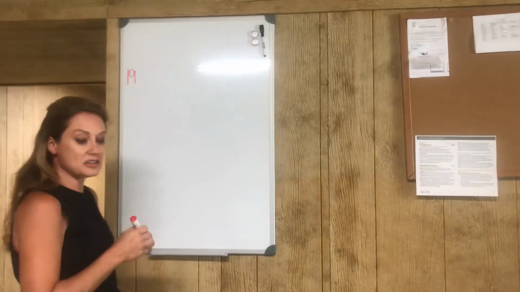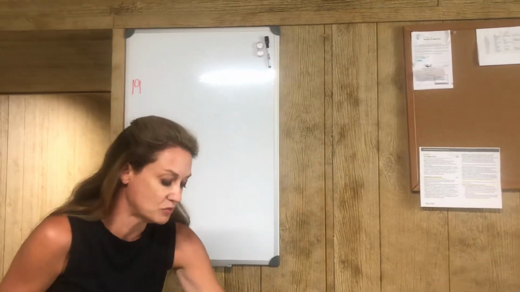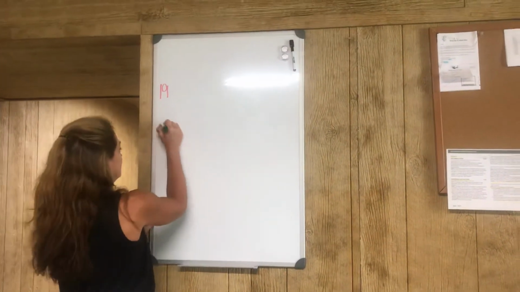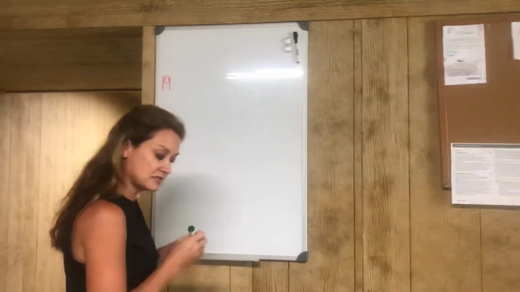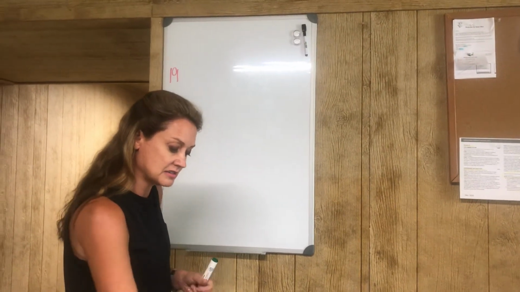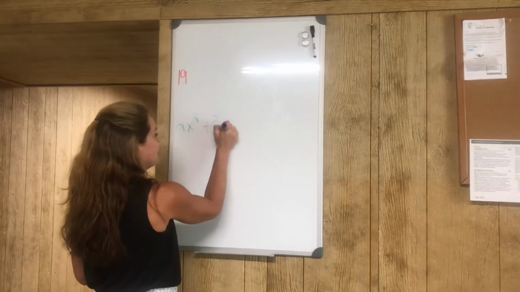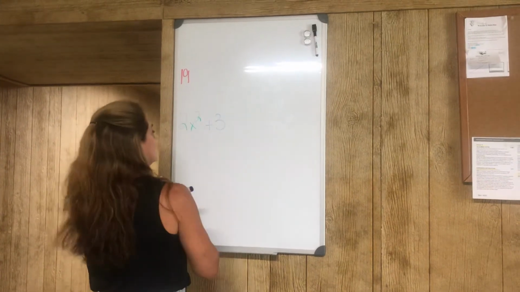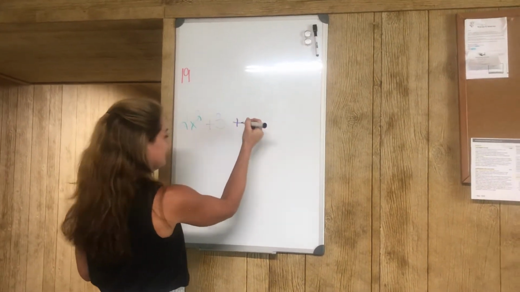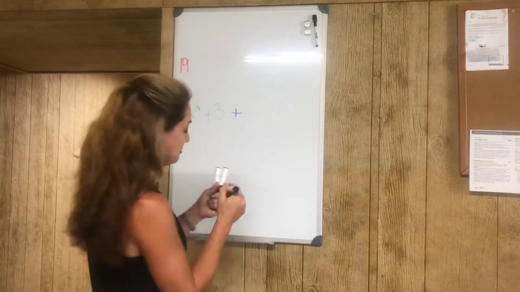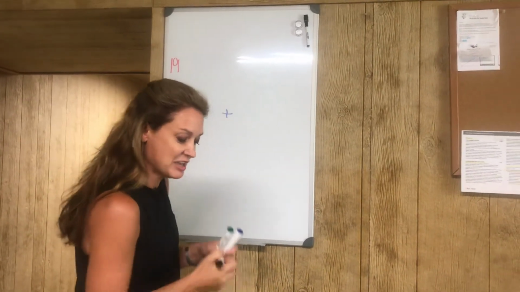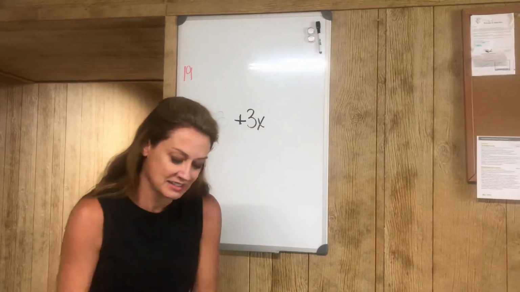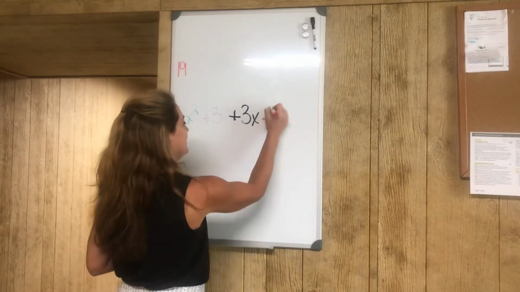And if you use the colors, you have a great visual reminder of what you can put together and what you can't. You have 2x squared plus 3 plus 3x minus 1.